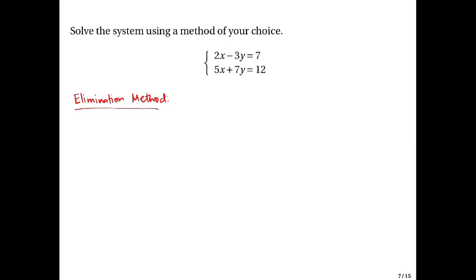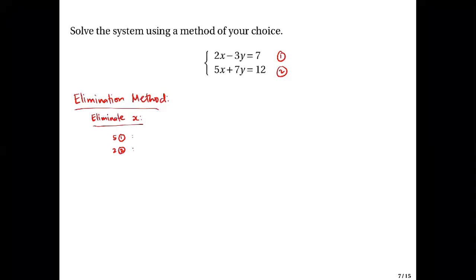So if we label this as our first equation, and this is our second equation, then let's try to eliminate x first. So for this, we multiply equation 1 by 5, and then we multiply equation 2 by 2.